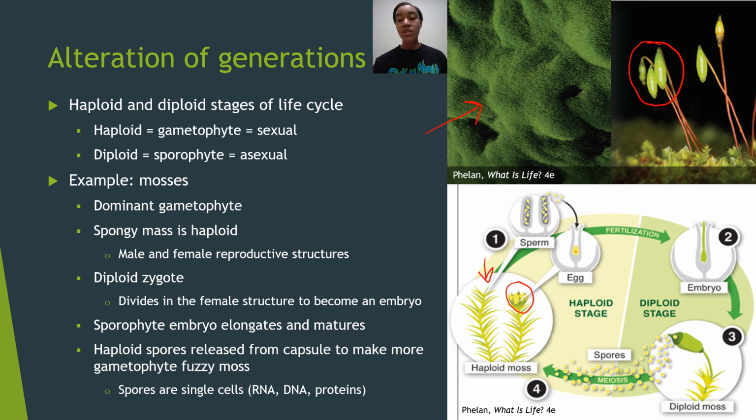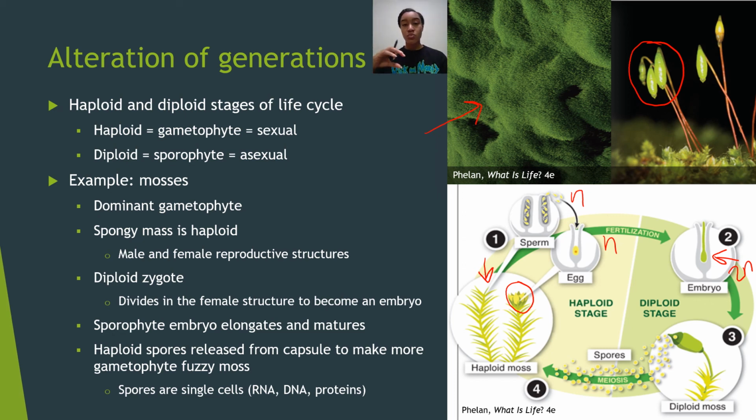After fertilization, we end up with a diploid zygote. So the sperm and egg are N, so their ploidy is 1, and the zygote is 2N. Okay, so they have 2 copies, they're diploid. The zygote will then undergo mitosis to grow and become an embryo, and it will remain within the female structure, so it doesn't leave.